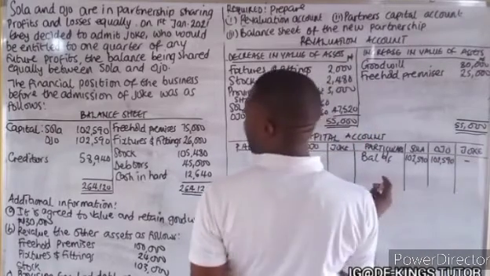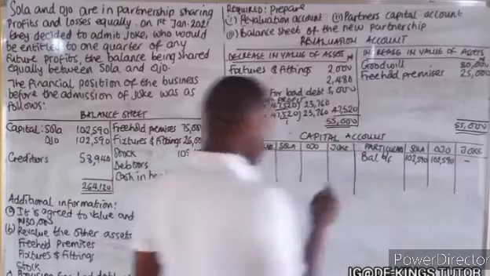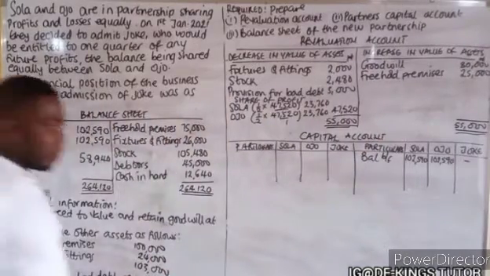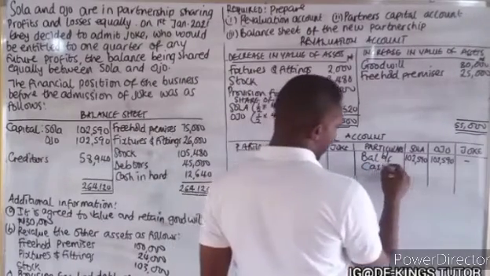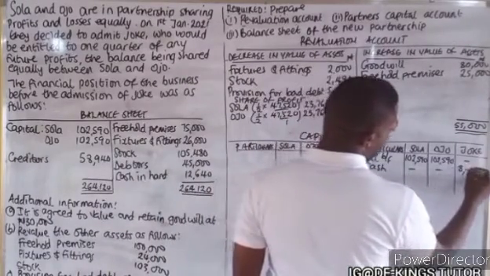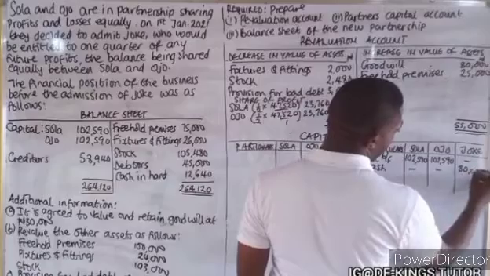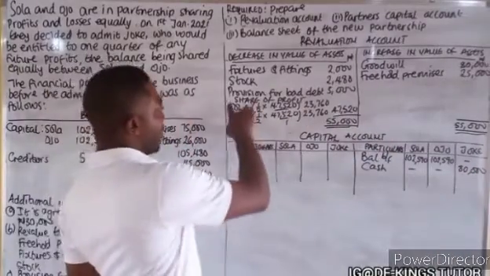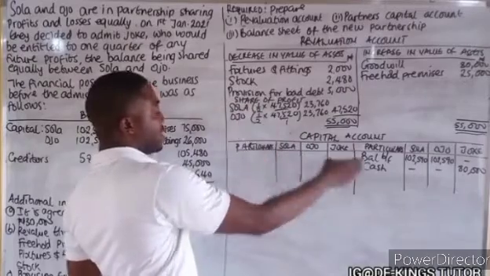102,590. So the next one is that of Joke. They say Joke brought in cash, 80,000. So right here, cash 80,000. The next one, their share of profit. Remember, I said we are transferring the profit. We credit the capital account.